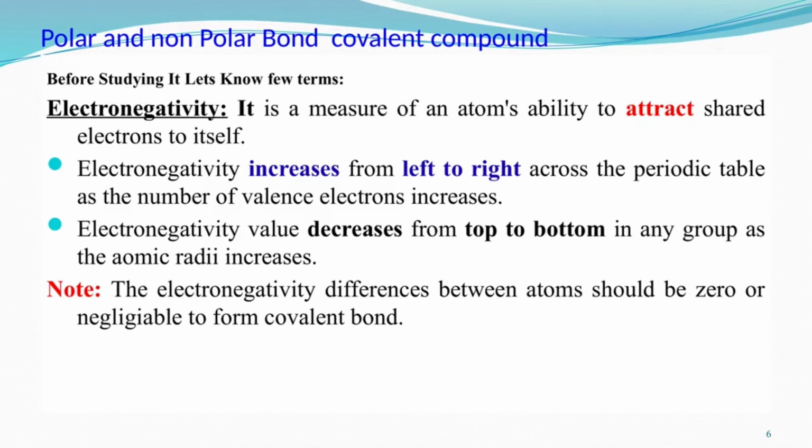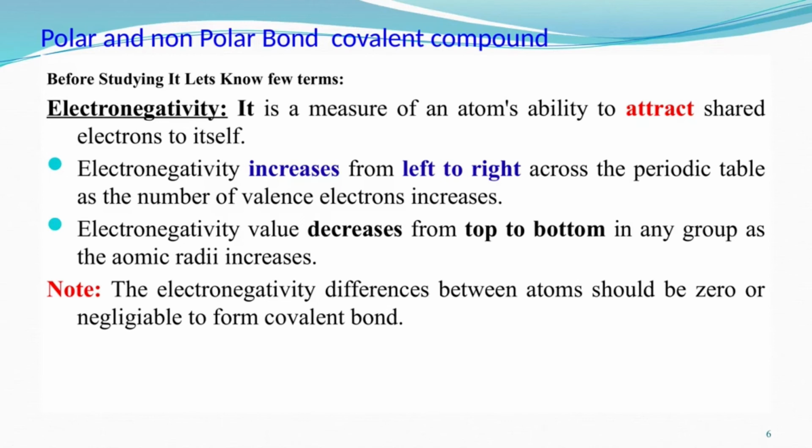It is along the period, and down the group it decreases when we move from top to bottom as the atomic radii increases. So, note, electronegativity differences between atoms should be 0 or negligible to form a non-polar covalent bond; to show polarity, electronegativity plays an important role.